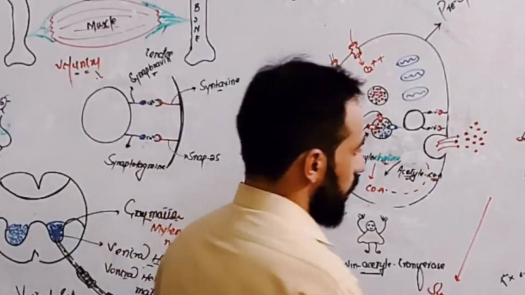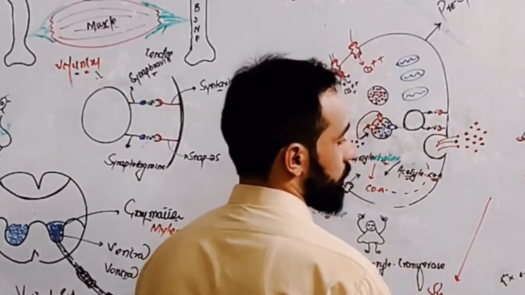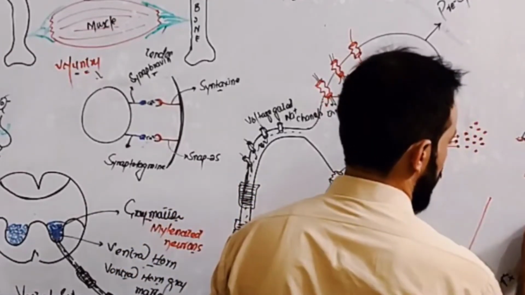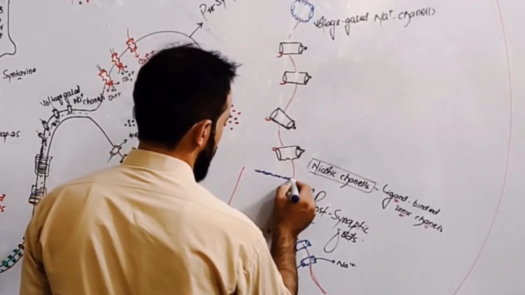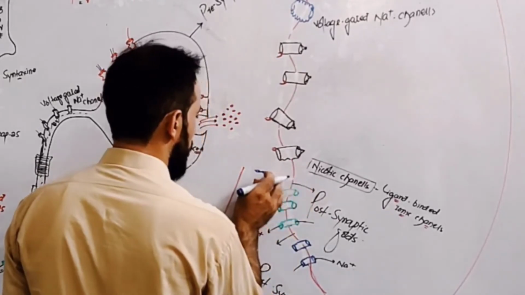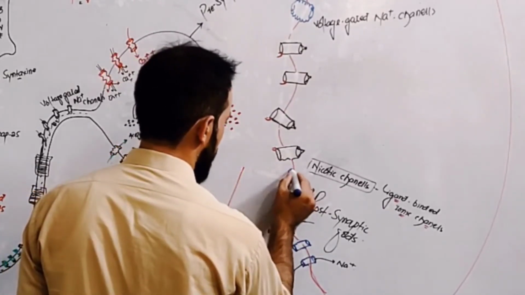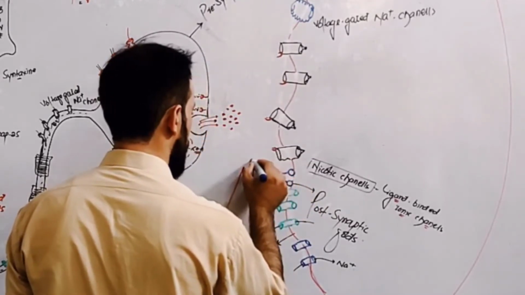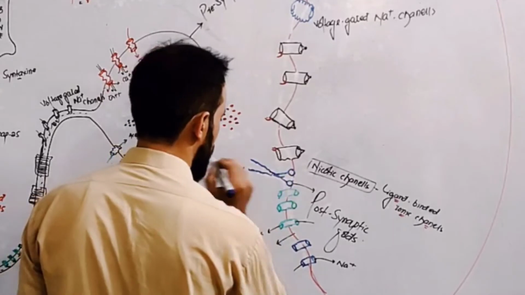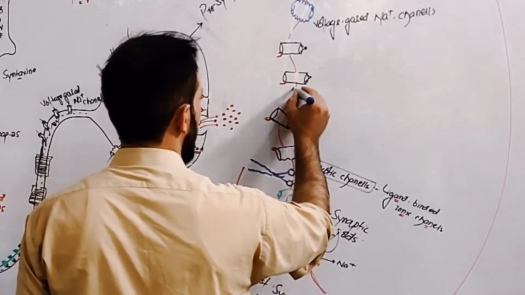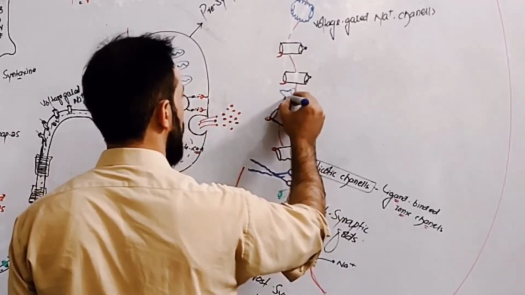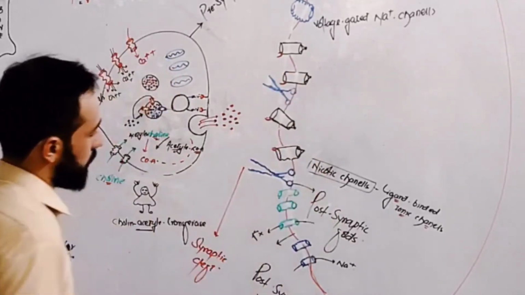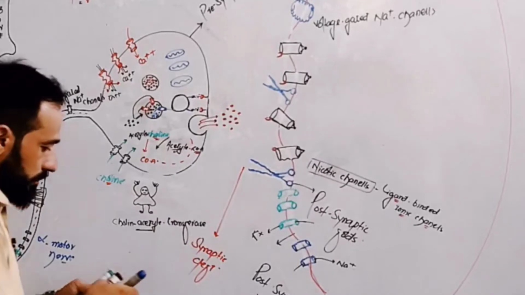Now look, on the postsynaptic membrane, there are special types of enzymes present. There are special types of cutters there. These are the cutter proteins. I will make another one also here. What will they do?